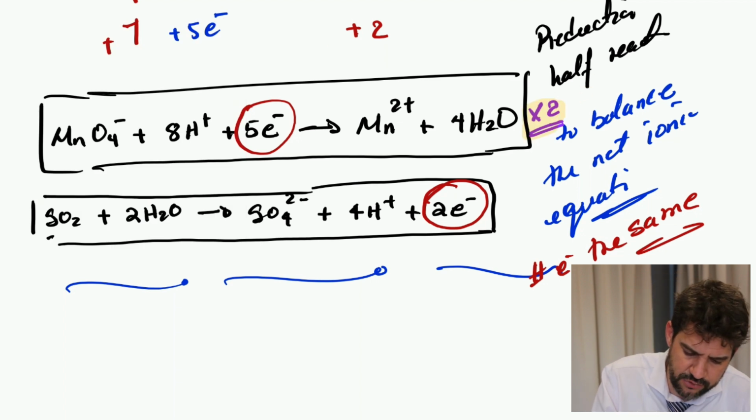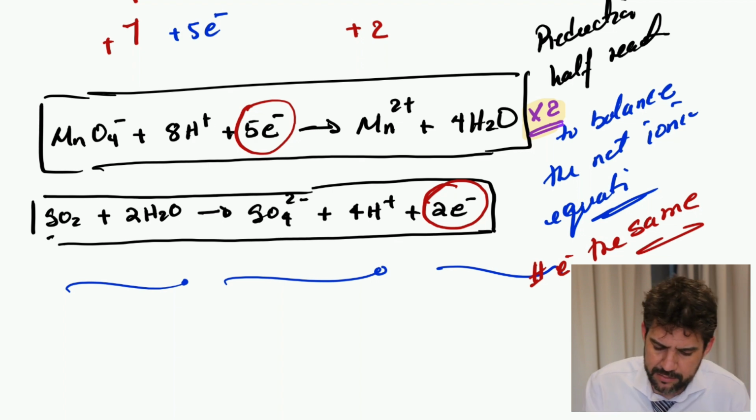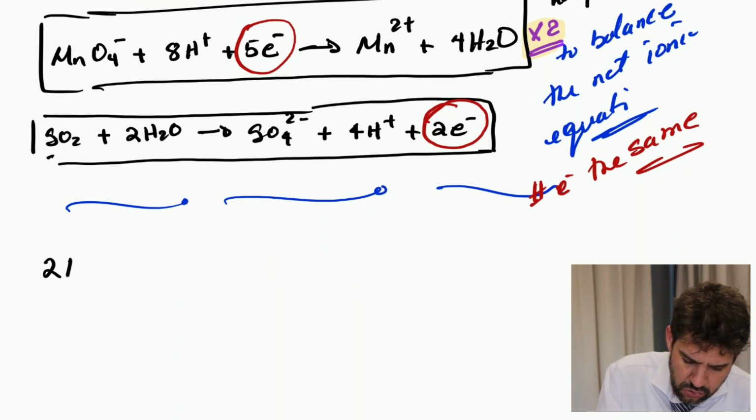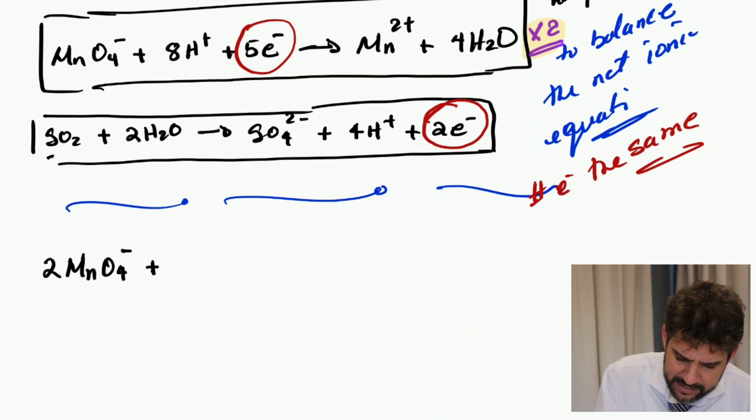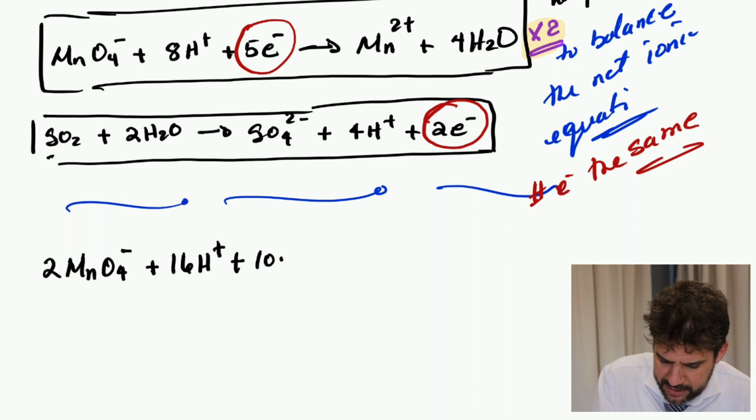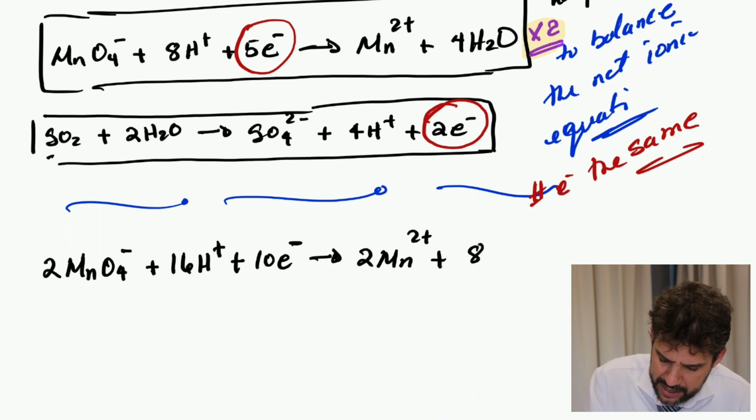So if you multiply the whole equation times 2, you will get 2MnO4 minus plus 8 times 2 is 16 H plus, plus 10 electrons, an arrow, 2Mn2 plus, plus 2 times 4 is 8 H2O. That is the first one.